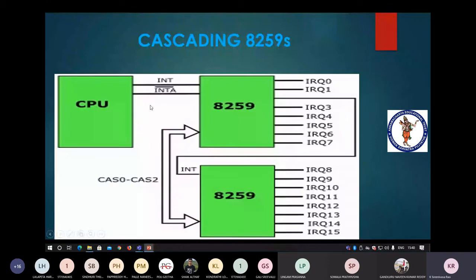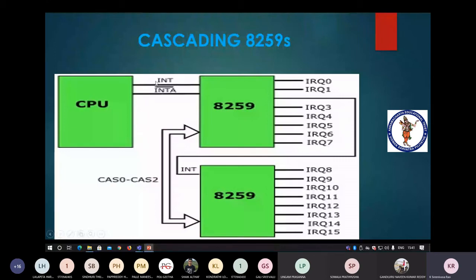Which one is connected first? That can be decided by the priority among these. Suppose IR0 is the highest priority, so the service is given first to the IR0 device. If this one is completed, you can go with the next. Okay, leave the priorities. The point is, here we have one interrupt request, this is INTR.